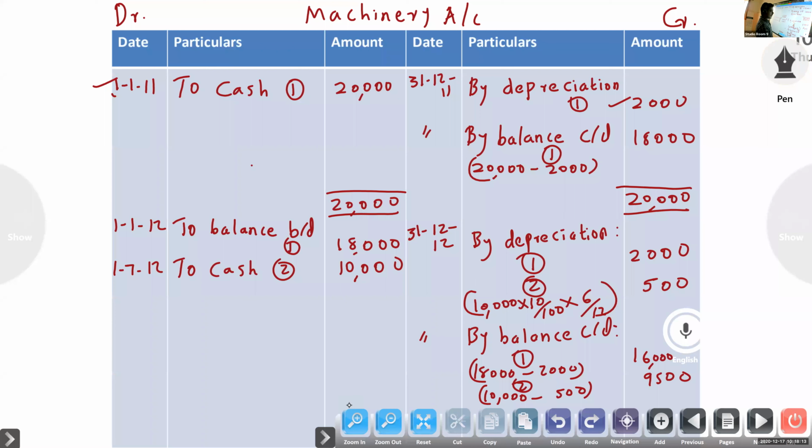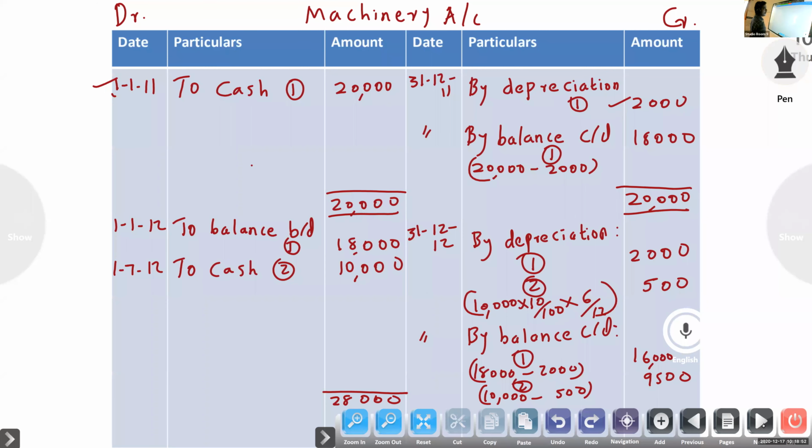Both sides 28,000. So first year no other purchase, only one machinery. Second year, 1st July we purchased, so 2 depreciation. First one same, 2,000. For the second machinery, depreciation for 6 months only you have to calculate.